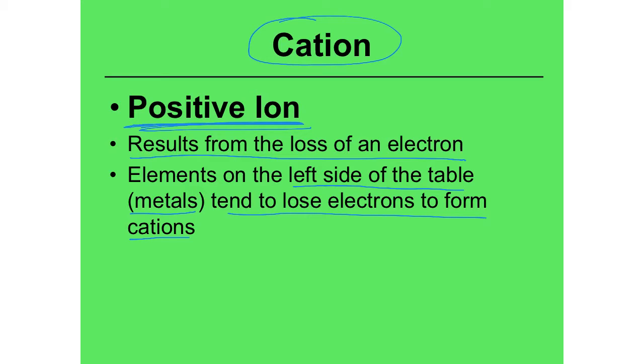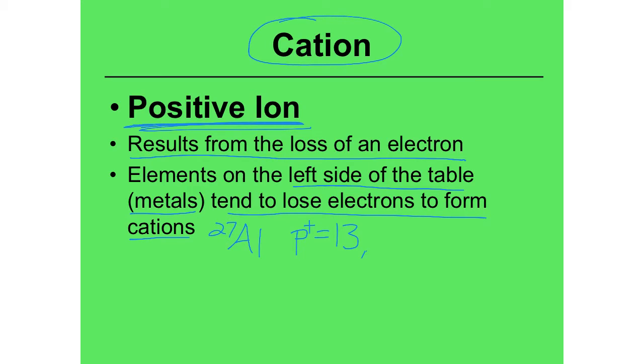Let's take aluminum. Let's say we have aluminum with its most common mass, so a mass of 27. So regular aluminum with a mass of 27, we find that on the periodic table. Its atomic number is 13, so it would have 13 protons.